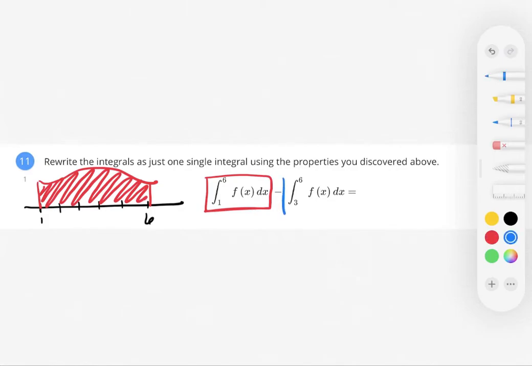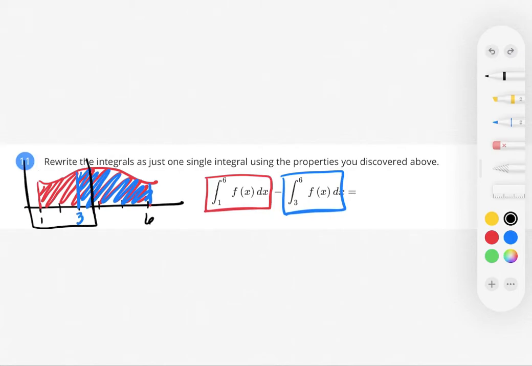Well, I want to subtract out the area from 3 to 6. So this right here would be our 3. I want to subtract out the area from 3 to 6. So what is left over? That's what it's asking. It's asking you what is left over. Well, this right here is all that's left over.